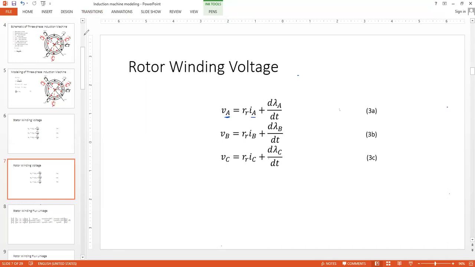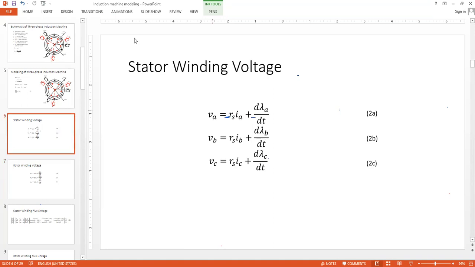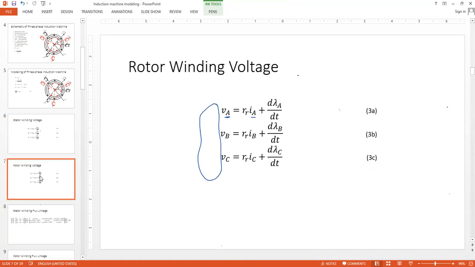Now, can anyone say the difference between the stator ABC and the rotor ABC? Any difference? Capital A. Hey, no, other than that, numeric value.